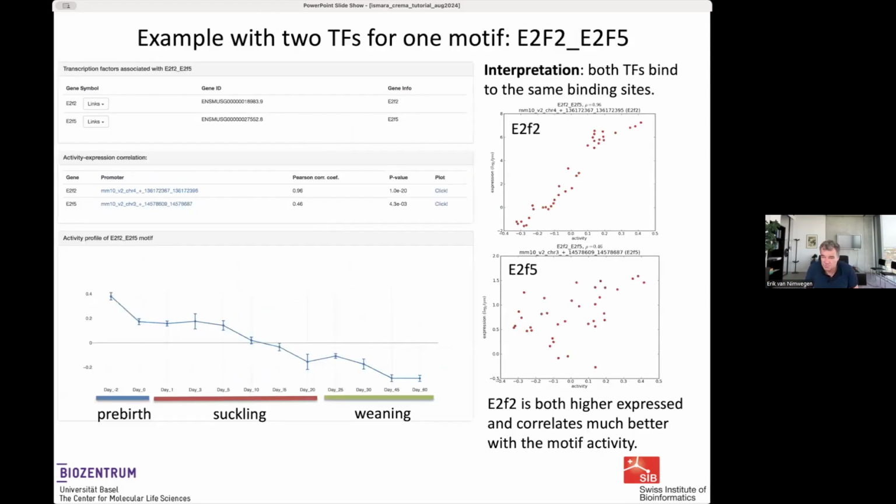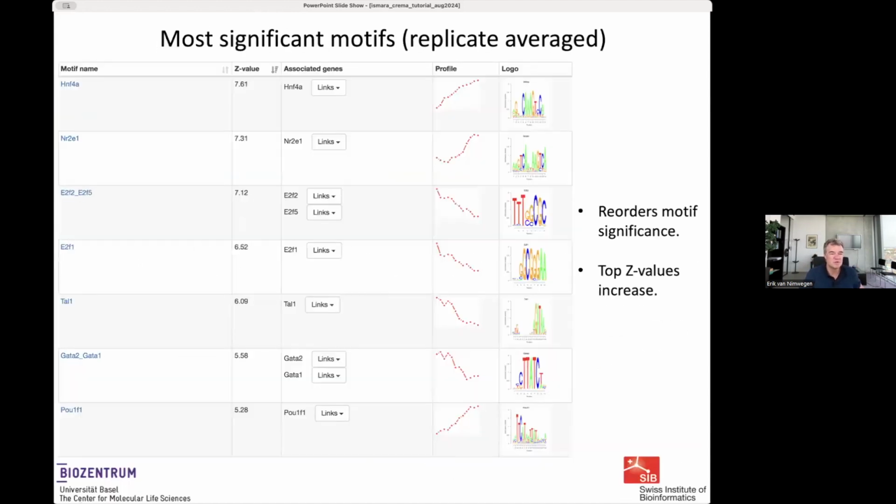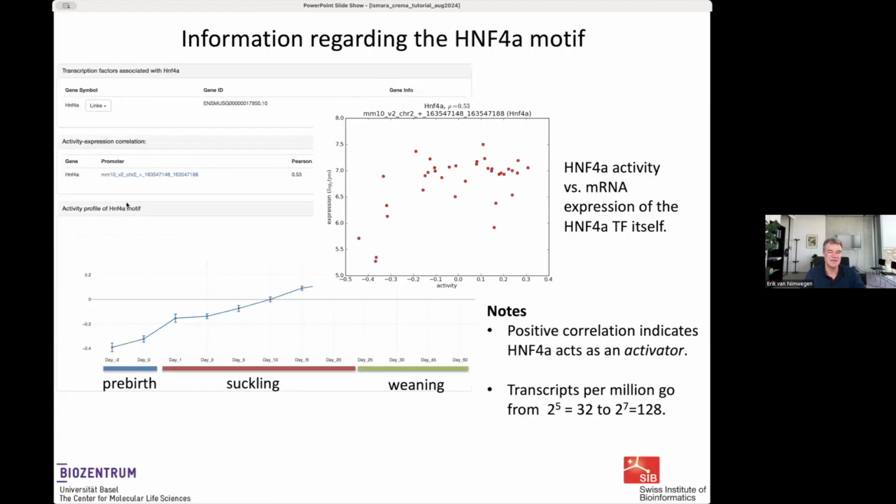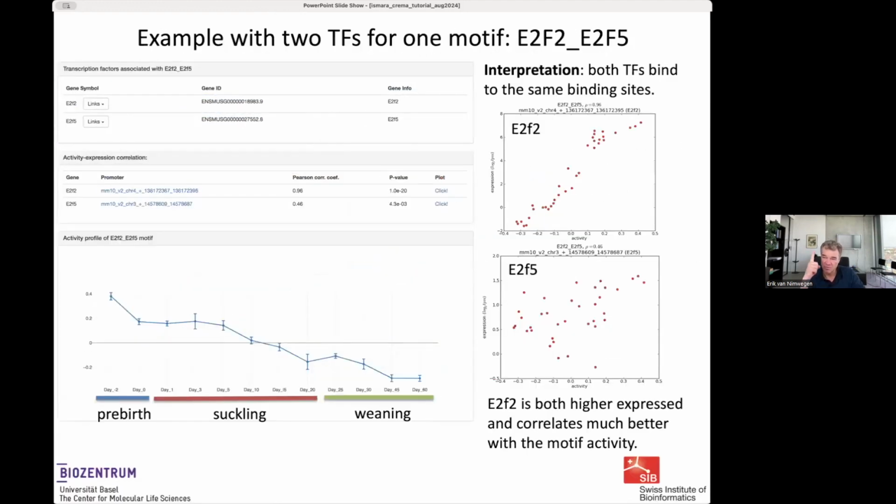Right, so to give you another example for how this looks for another motif, I went to the motif number 3 in the list. Its name is E2F2, E2F5. And in this case, there's one binding motif that is recognized by 2 different transcription factors, one called E2F2 and one called E2F5.